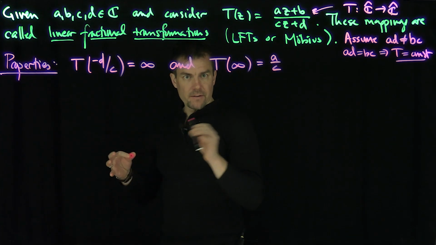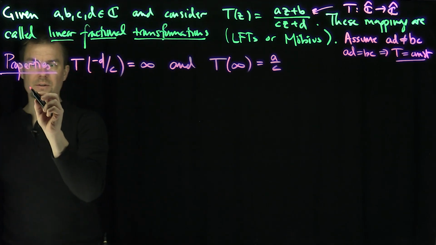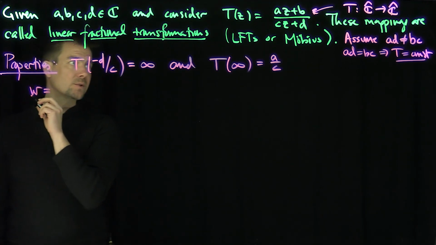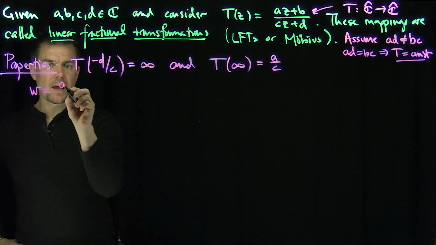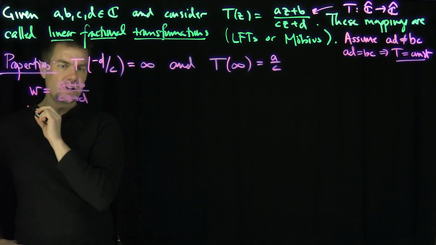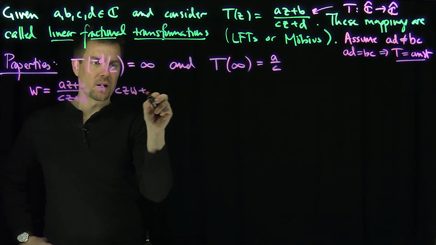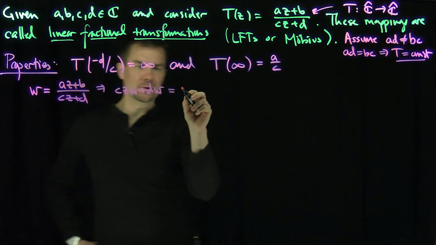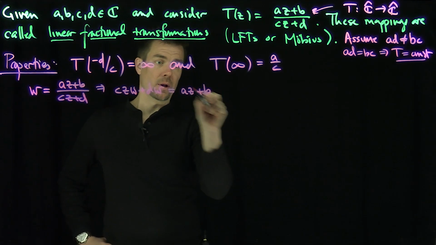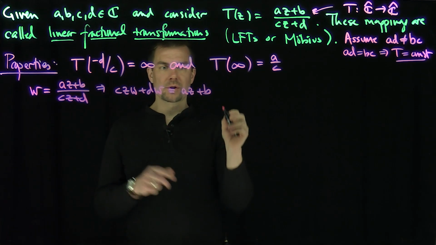Now, let's investigate some of the invertibility properties of this thing, right? So if I look at W, what's W? W is going to be AZ plus B over CZ plus D. Then this tells me that CZW plus DW is equal to AZ plus B, like that. Good. And then if I solve this equation for Z, what will we have?